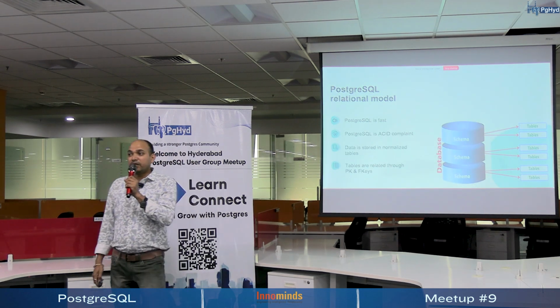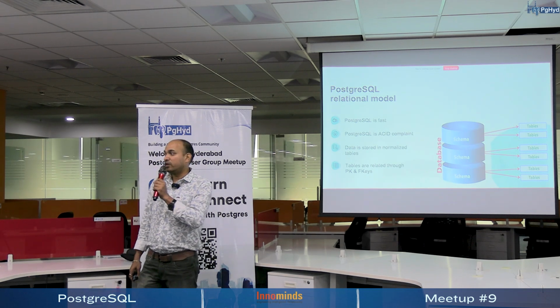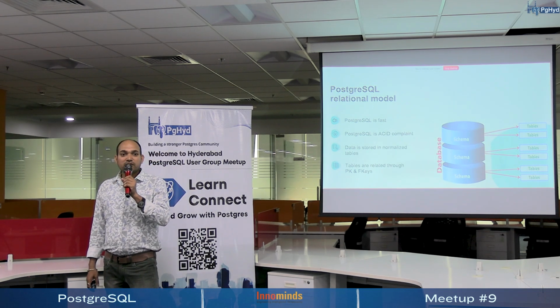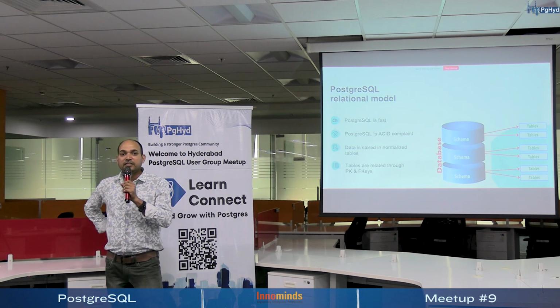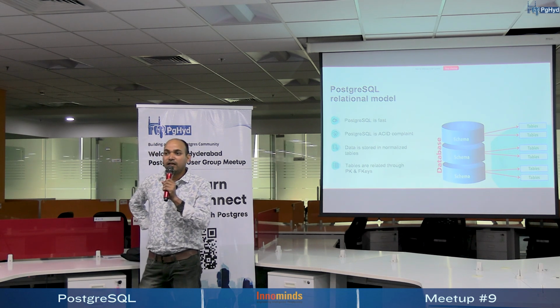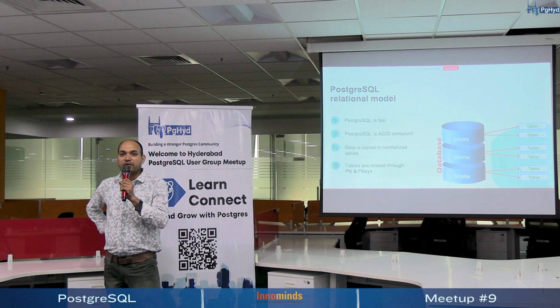So before jumping directly into JSON, let me talk a little bit about PostgreSQL. PostgreSQL, we know, is a relational database, which means that it is ACID compliant. The data is stored in the form of tables, where each table has some columns.